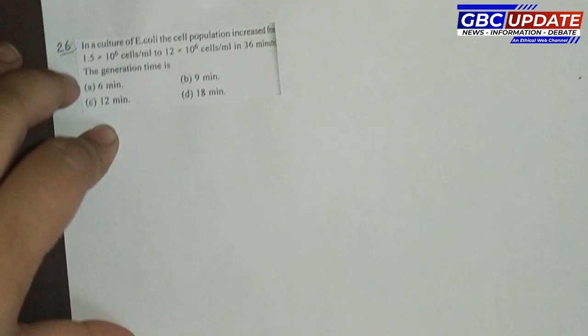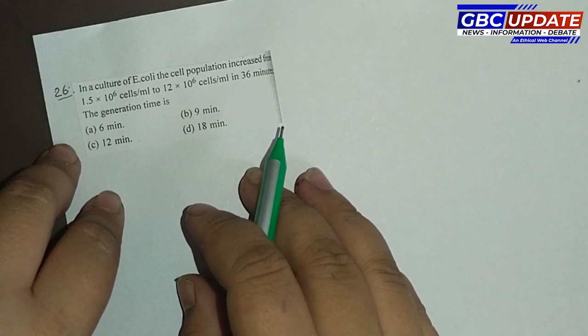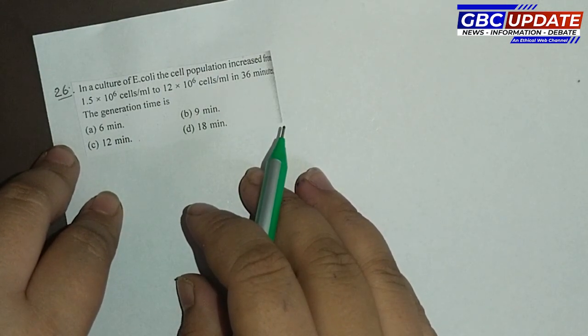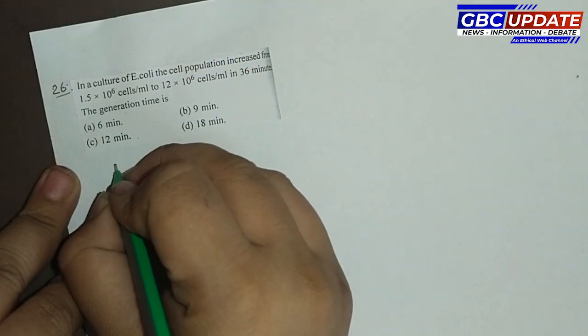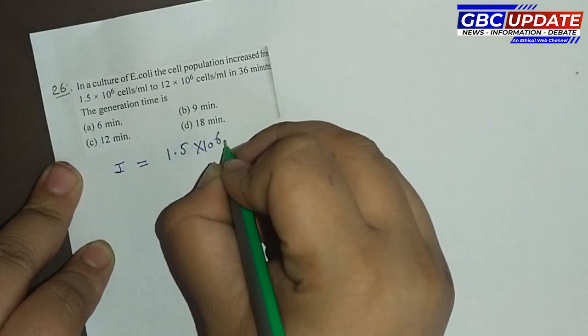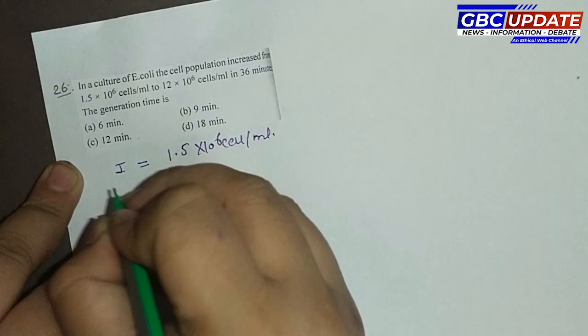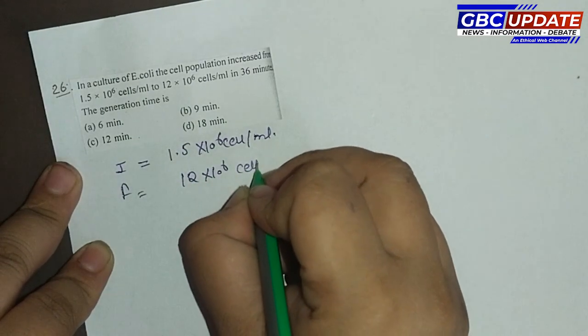Next question. In a culture of E. coli, the cell population increased from 1.5 into 10 raised to power 6 cells per milliliter to 12 into 10 raised to power 6 cells per milliliter in 36 minutes. So the initial population is 1.5 into 10 raised to power 6 cells per milliliter. The final population is 12 into 10 raised to power 6 cells per milliliter.